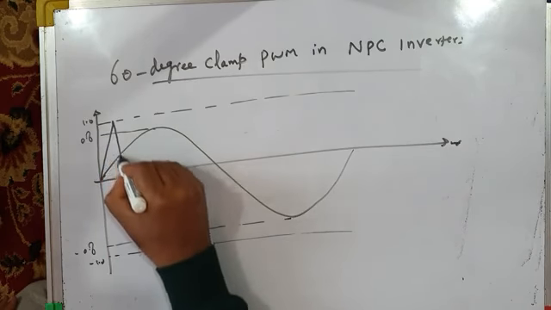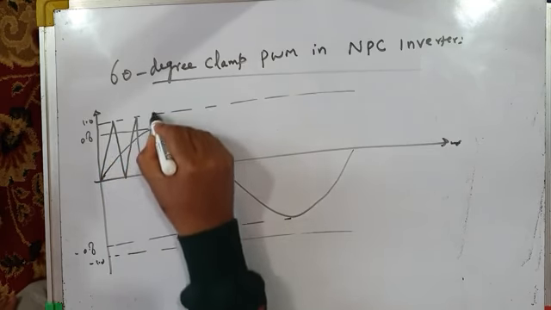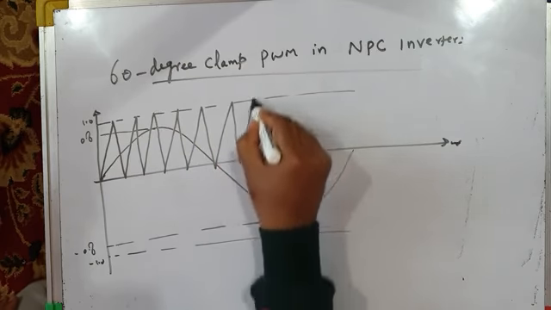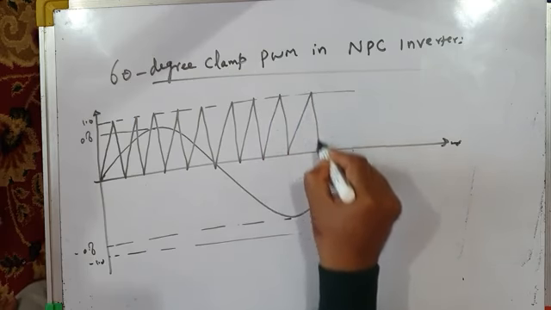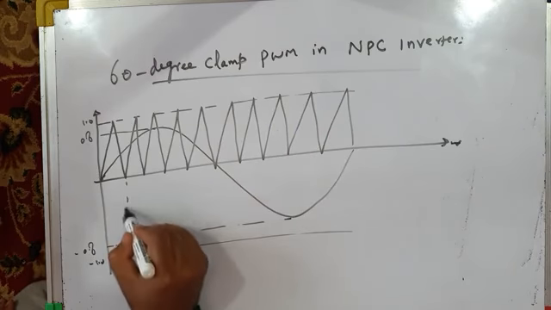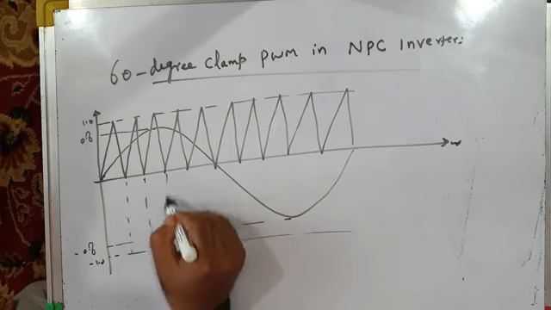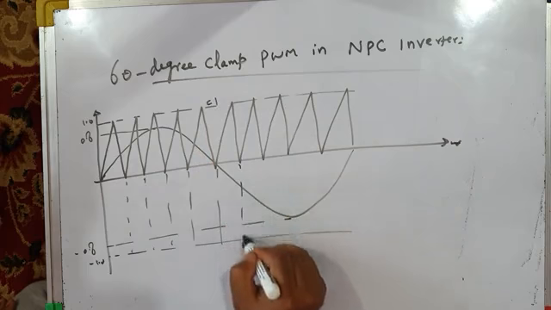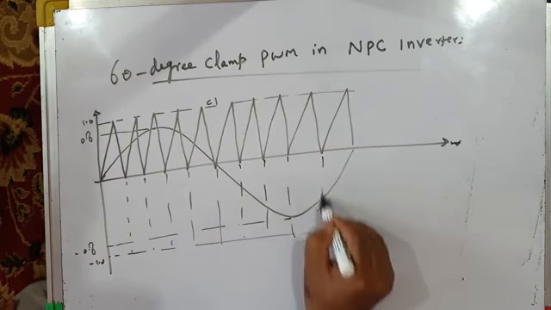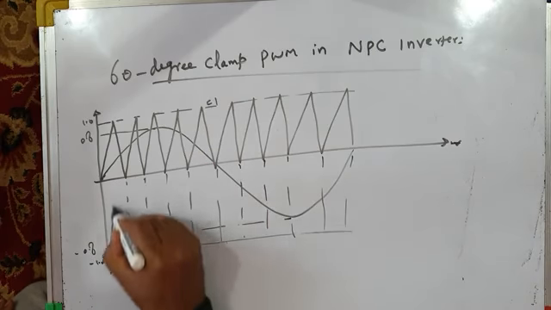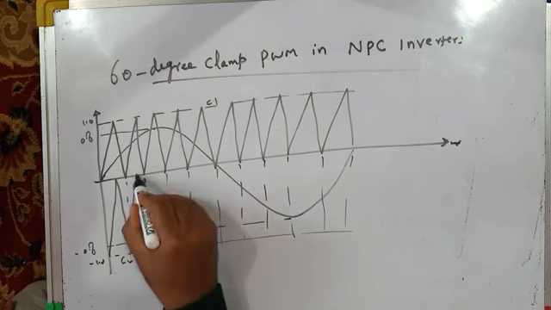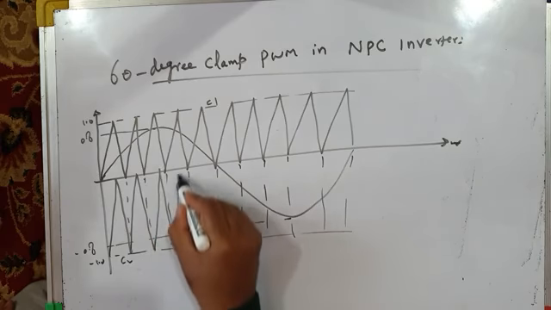In-phase level shifted carriers. This is carrier C1, and on the bottom side I will draw carrier C2. It's in phase with this carrier but level shifted also.